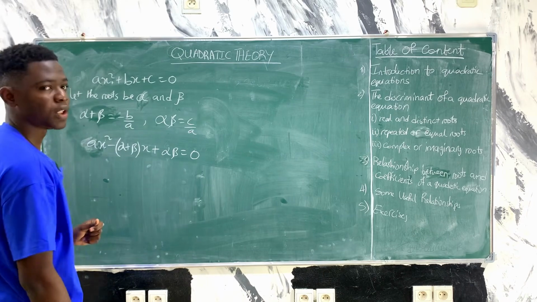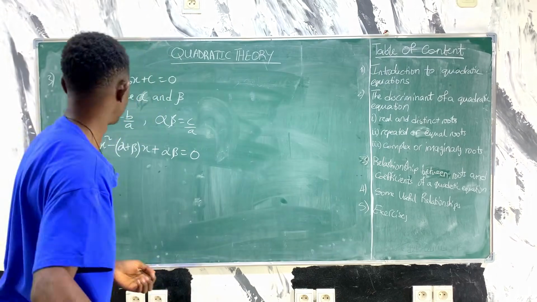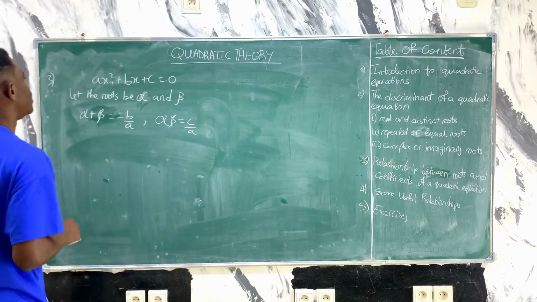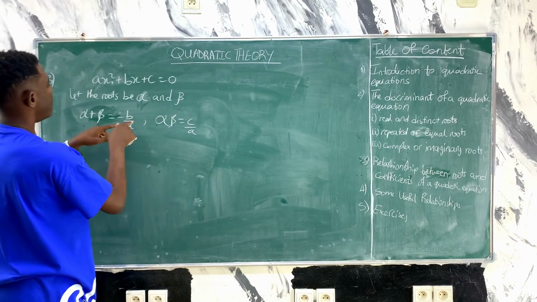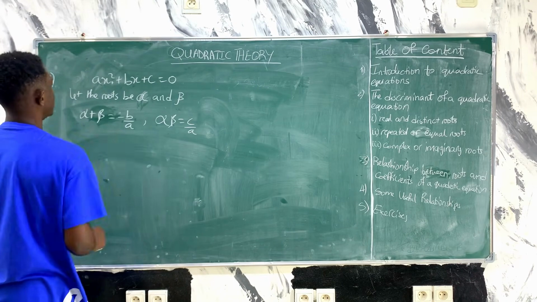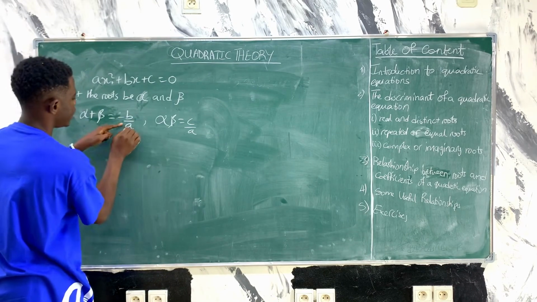If you doubt, let's derive this. We're going to make b the subject and put it here, then make c the subject and put it here. Making b the subject, we cross multiply, a will multiply here.